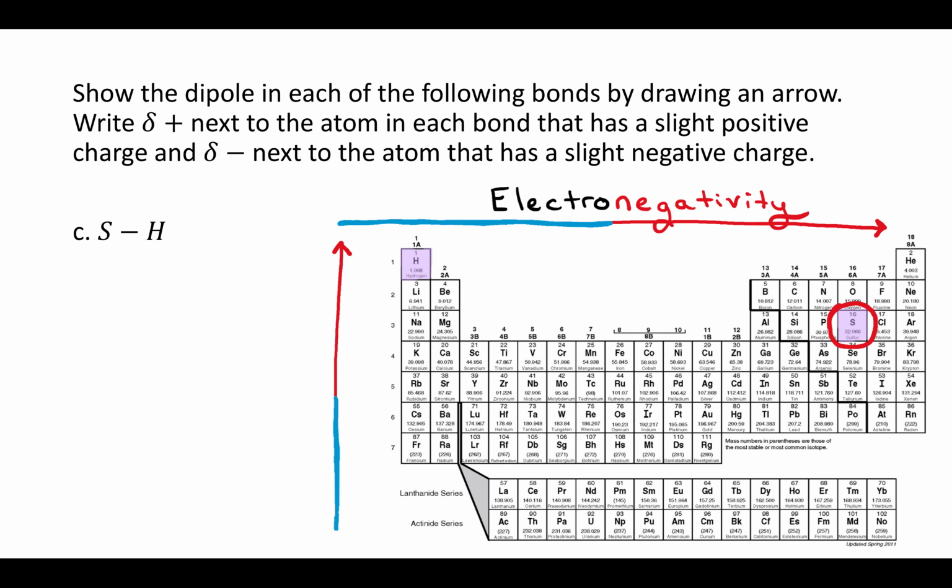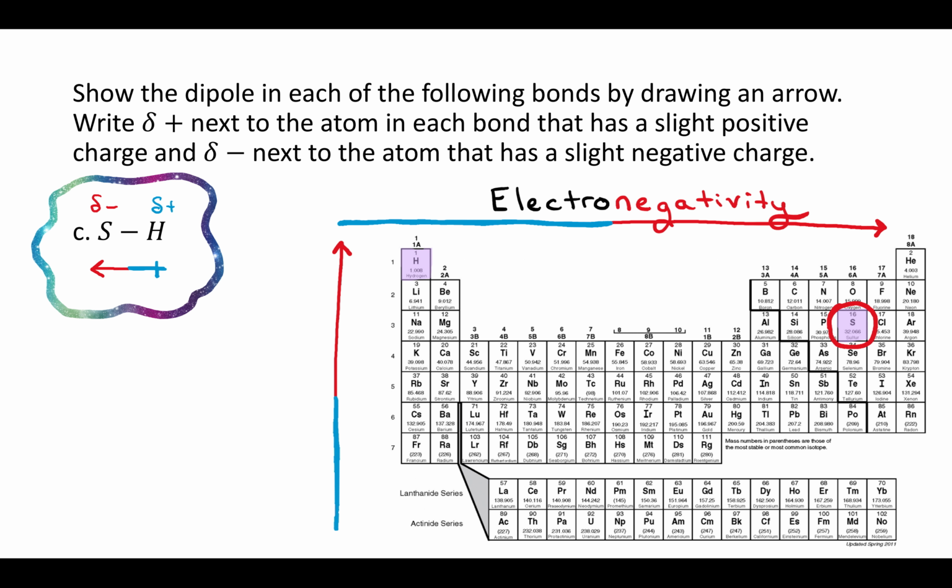Because of that, sulfur is going to have a slightly negative charge, and hydrogen will have a slightly positive charge. Another way of drawing that would be to have an arrow going toward the sulfur, in the direction of where the electrons are going, and to have a slight positive charge on the other atom. So that is how you would draw the dipole on that bond.